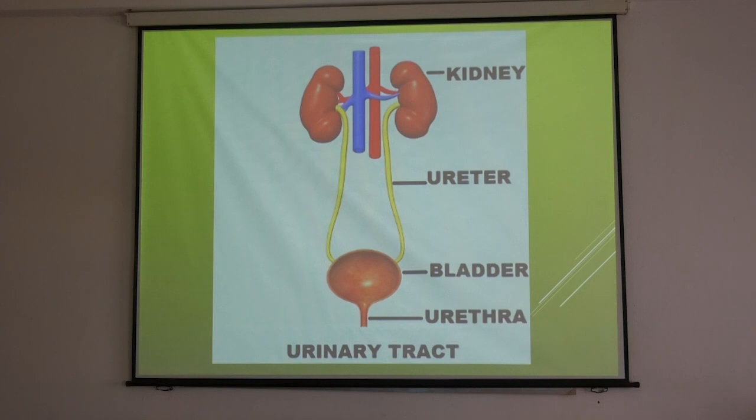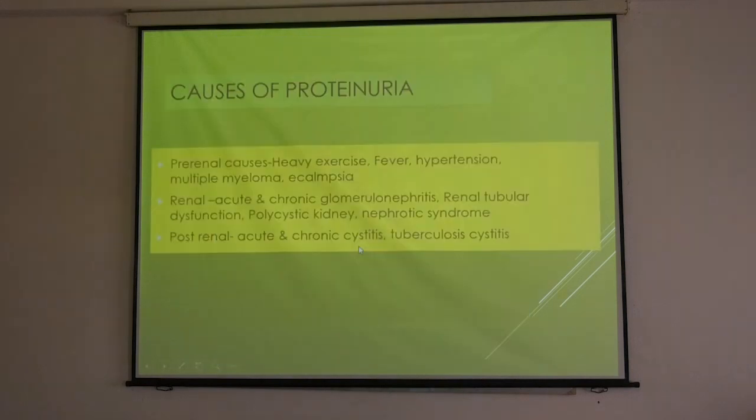And if there is any damage in the urinary tract and the urine has protein, it is due to post-renal causes. Here in pre-renal causes, we can see heavy exercise, fever, hypertension, a disease called multiple myeloma, and eclampsia. These can cause increased protein in urine.